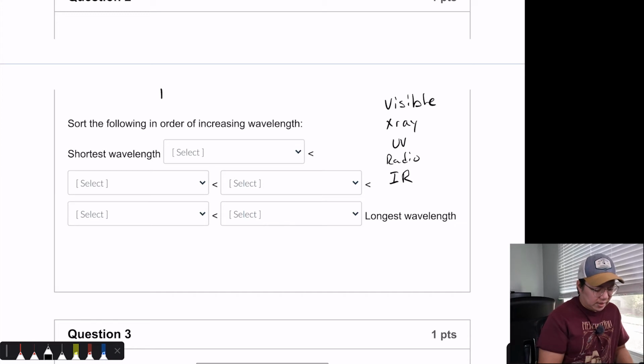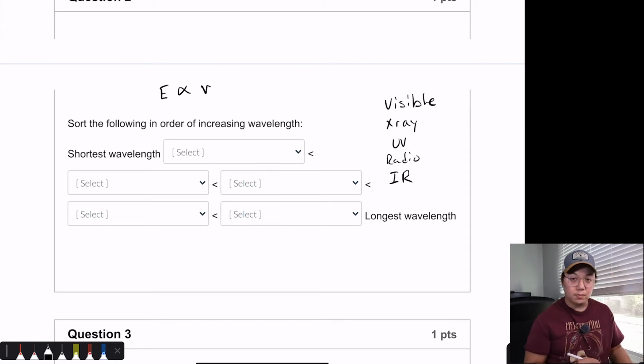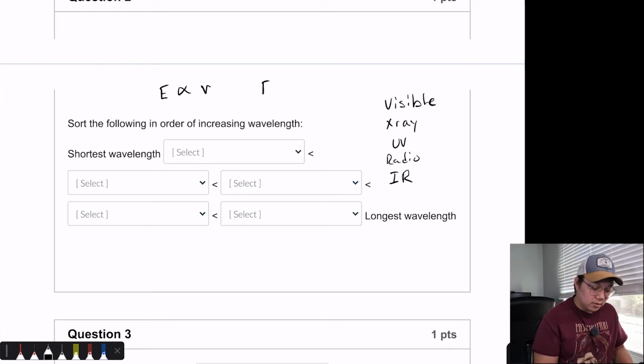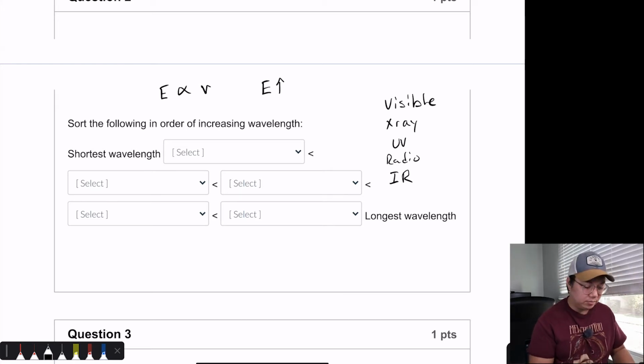If you want to write that out as an equation, energy is inversely proportional to wavelength, which is V, or nu. So as we increase the energy of our electromagnetic radiation, the wavelength goes down.